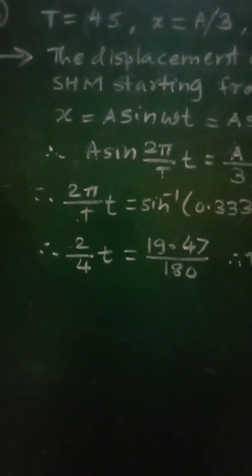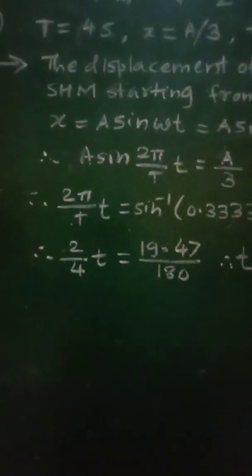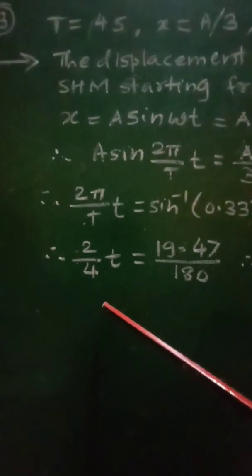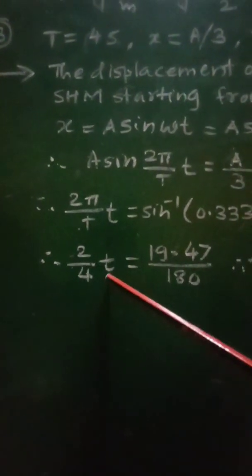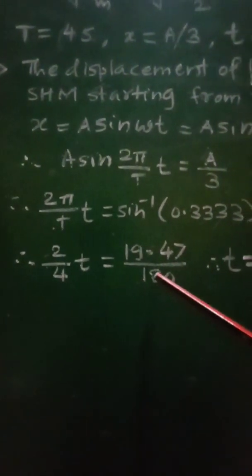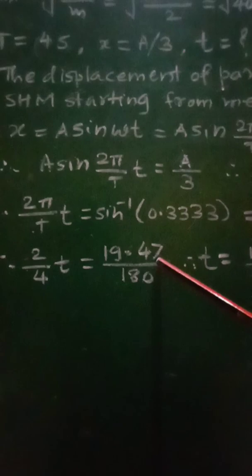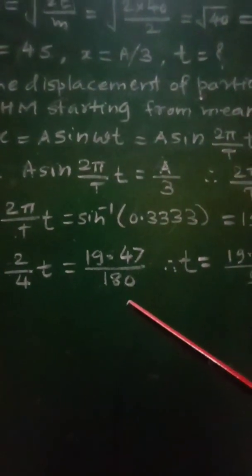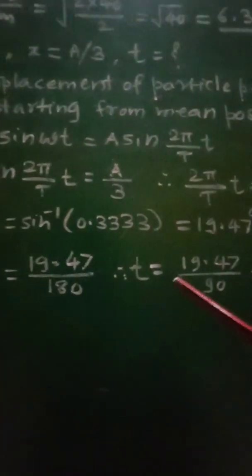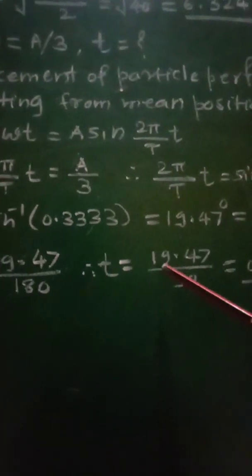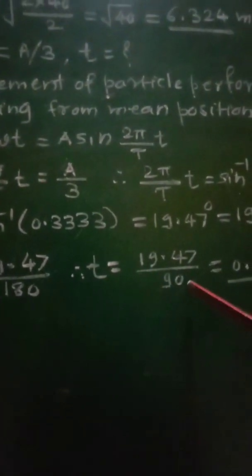And therefore further we can write 2 by 4 into t, because capital T is equal to 4, that will be equal to 19.47 upon 180. Therefore we can write t is equal to 19.47 upon 90.